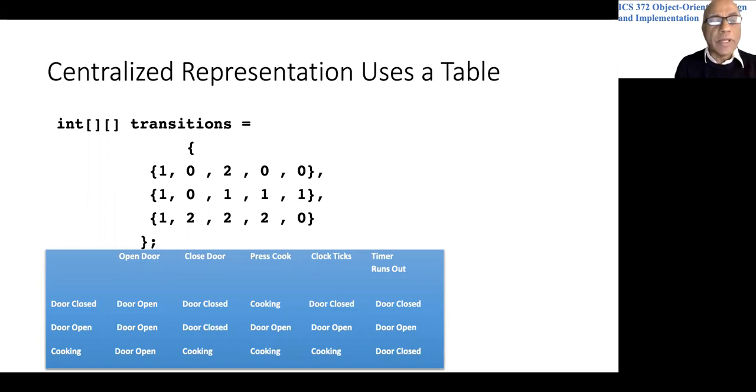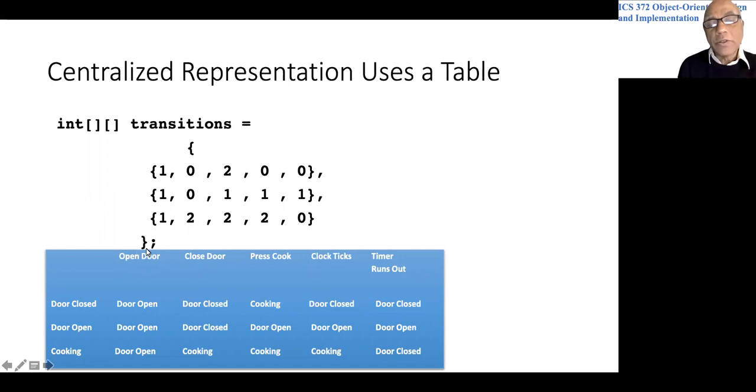So we are just going by the order of states as they appear in this table. It could have been a different order, but it would have been just a little more difficult to fill in this table, and it really doesn't matter in what order we pick them. So we just pick the order that comes very naturally, using 0 for door closed, 1 for door open, and 2 for cooking.